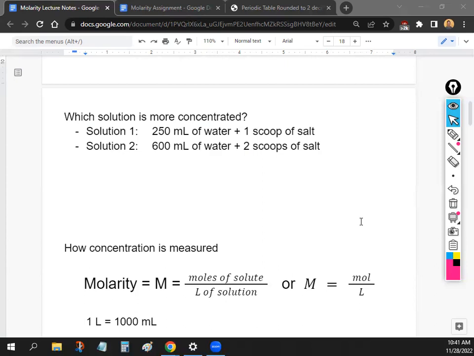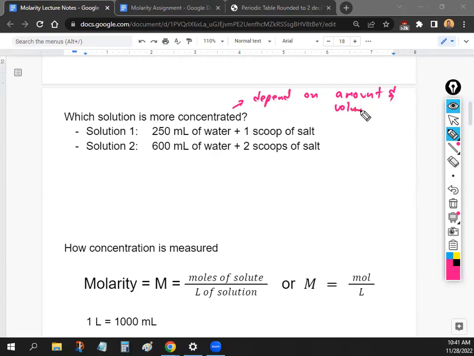So this one gets really difficult because this one has more salt, right? But this one is smaller. That's why it gets a little bit tricky. So I want you guys to write this down somewhere: the concentration is going to depend on the amount and the volume.